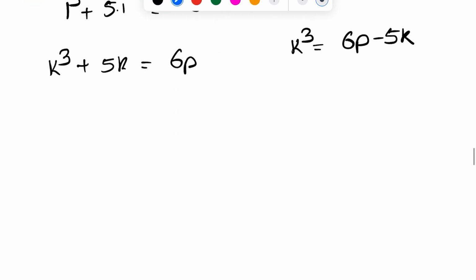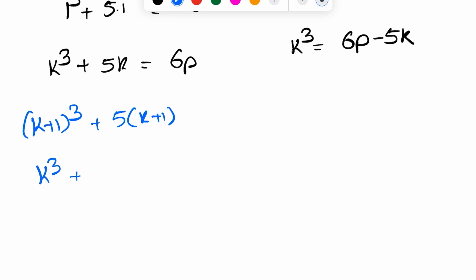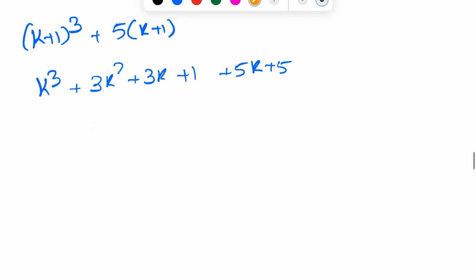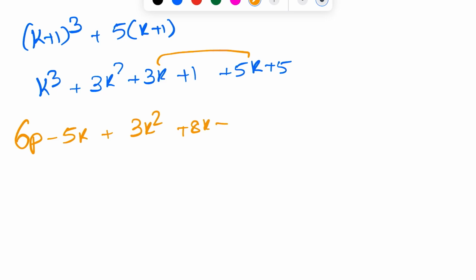Now we have to prove that it is true for n equals k plus 1. (k plus 1) whole cube plus 5 times (k plus 1). So k cube plus 3k square plus 3k plus 1 plus 5k plus 5. Now k cube can be replaced with 6p minus 5k. 6p minus 5k plus 3k square plus 8k plus 6.